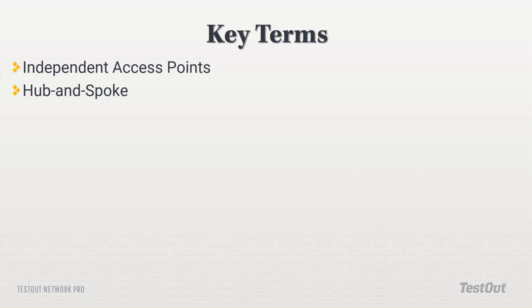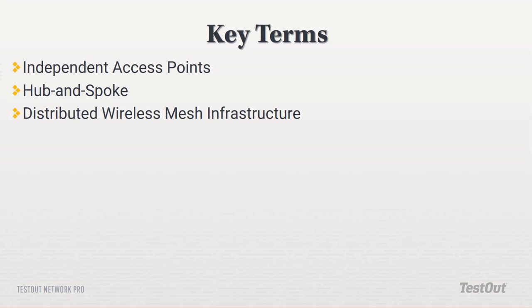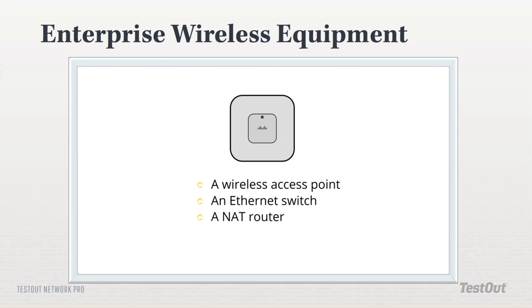So the individual APs have very little embedded intelligence, and sometimes they're called an LWAP, or a lightweight access point. Then we have distributed wireless mesh infrastructure, and these networks use a controller, but some of the intelligence is actually in the APs. Then we have wireless bridges, and they're used to connect wired and wireless networks together.